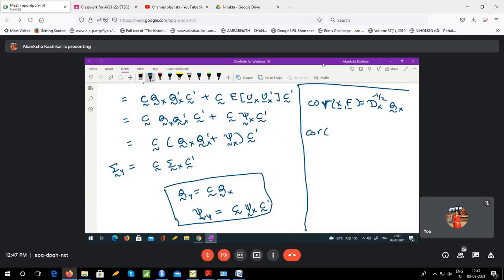If I try to find correlation between y and f, it would be dy raised to minus half, and qx now has to be replaced by qy. So qy is c qx, and what do I know about dy? Can I say it is c dx, or is it c something else dx?